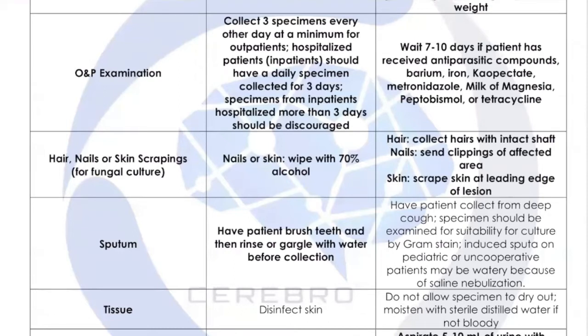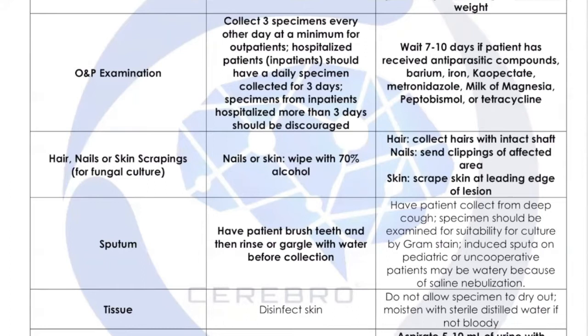So for example, if the patient has received antiparasitic compounds, barium, iron, kaopectate, metronidazole, milk of magnesia, Pepto-Bismol, or tetracycline, you have to wait for 7 to 10 days prior to the collection of specimen.